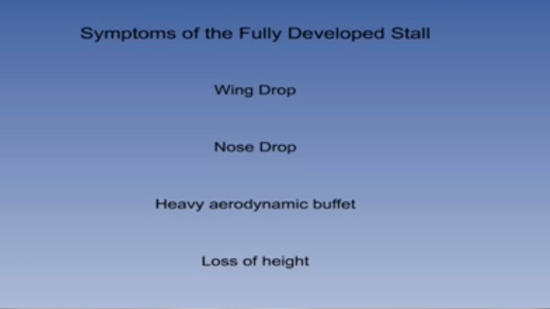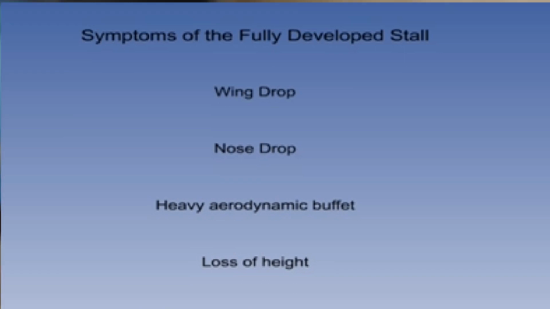Then nose drop: along with the wing drop, the nose of the aircraft also comes down. Then heavy aerodynamic buffet. Previously we said light, now it's going to be heavy. And loss of height. You will obviously lose altitude. These are the signs of a fully developed stall.